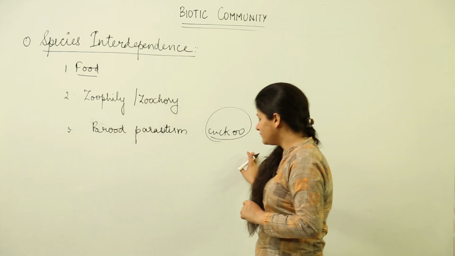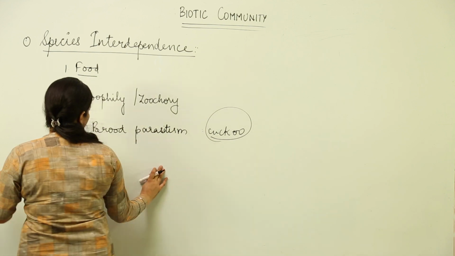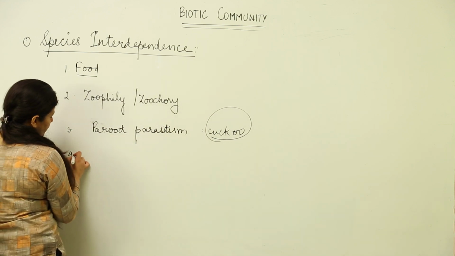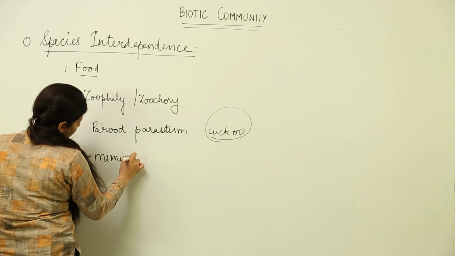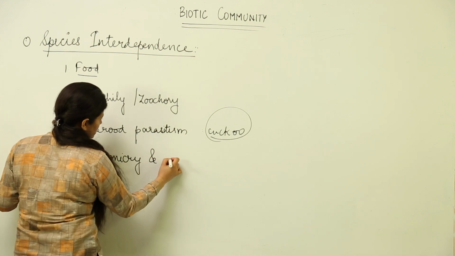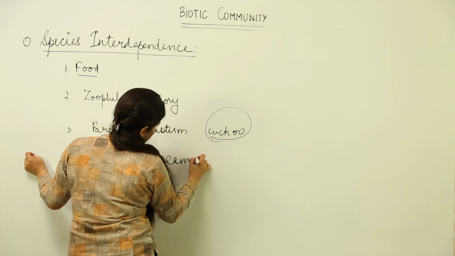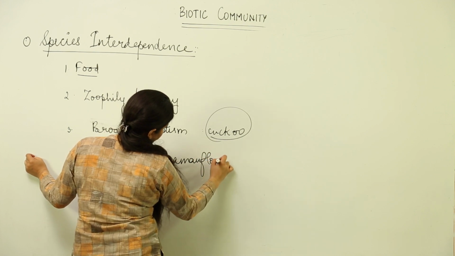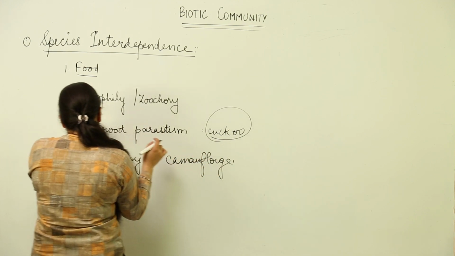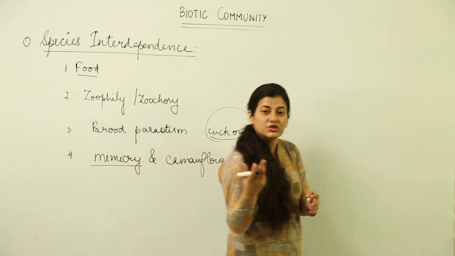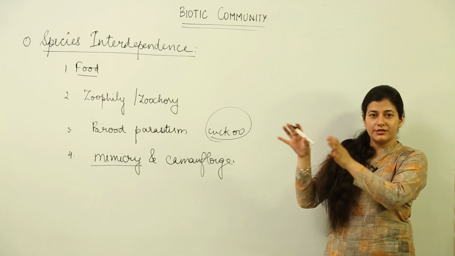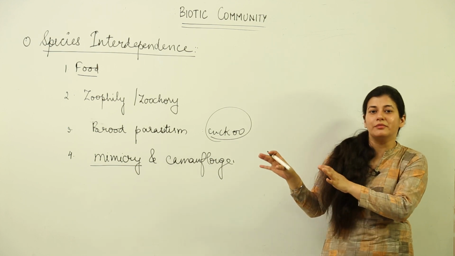Then we have the example of mimicry and camouflage. Now, what is this? Mimicry is copying a particular organism in such a way that your predator avoids attacking you because you resemble that organism.